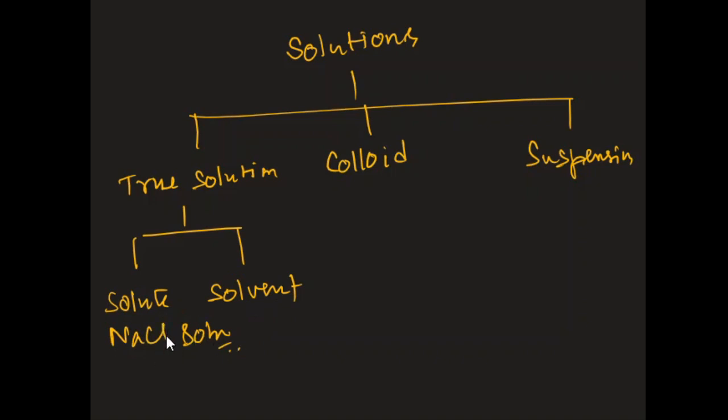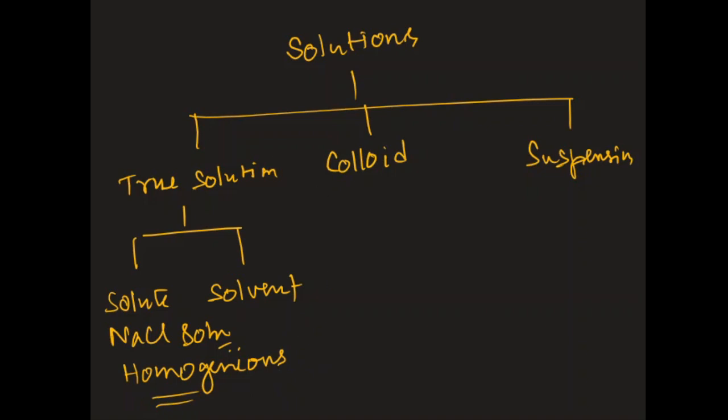It means it's invisible in solution. If the solute that is dissolved in solvent is not distinguishable, then we can call it homogeneous solution. That is why it's called true solution. Homogeneous. There is no physically distinct phase.